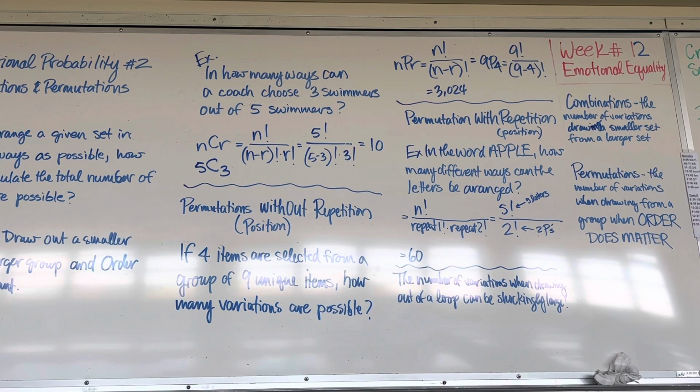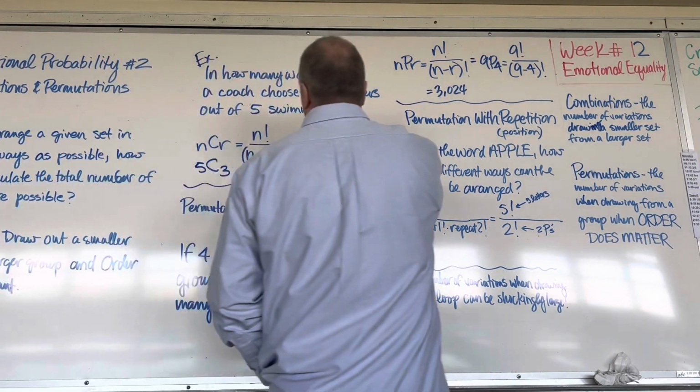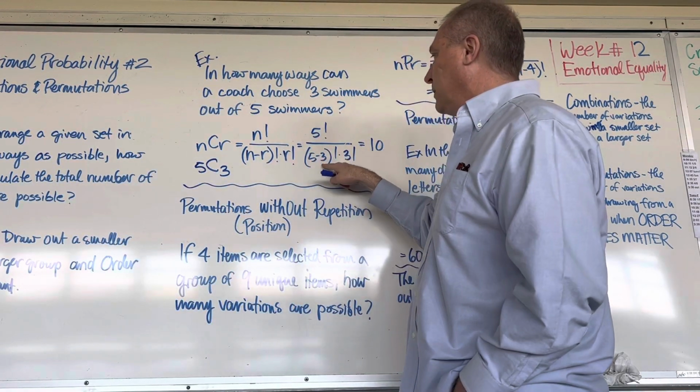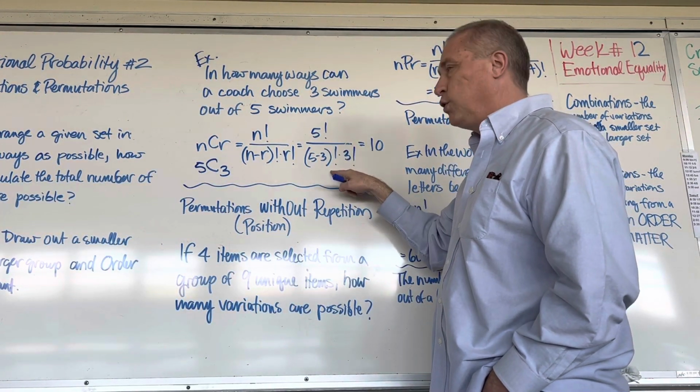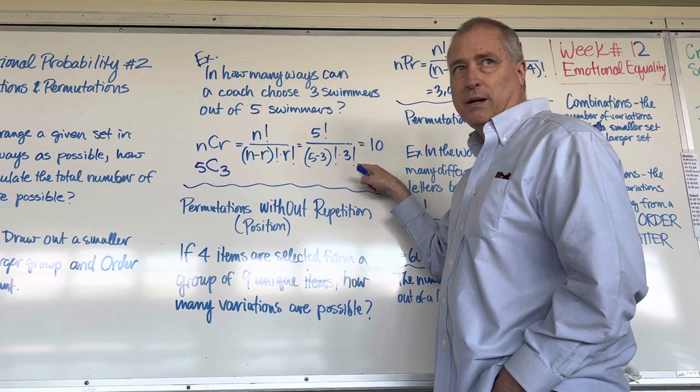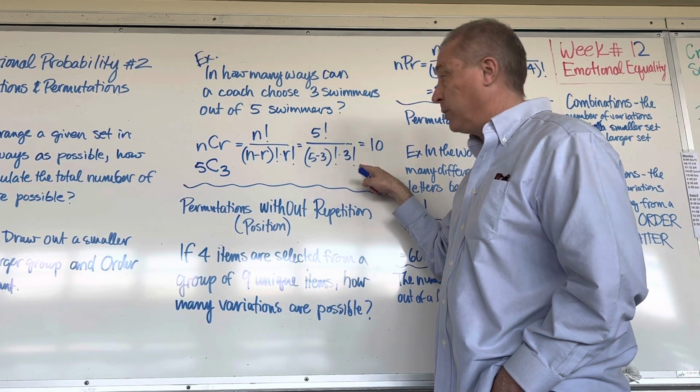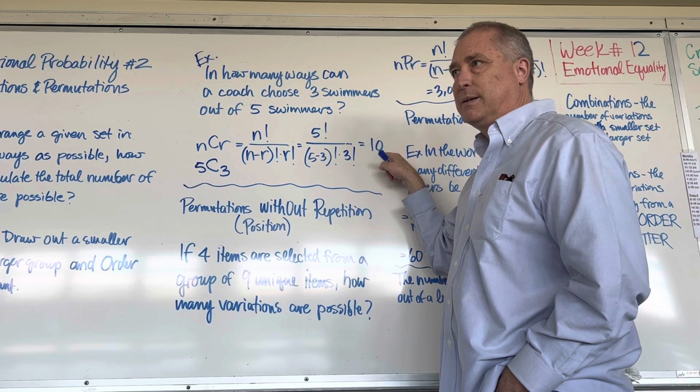Yeah, it's going through the 1 times 2 times 3 times 4 times 5. And you might think of it in reverse, as 5 times 4 times 3 times 2 times 1. An interesting way to think of it. And it's multiplying that for you. Okay, did you put in 5 factorial, divided by 5 minus 3, which is 2, 2 factorial, divided by 3 factorial, equals? And did you get 10?